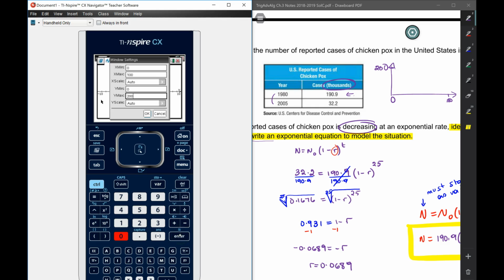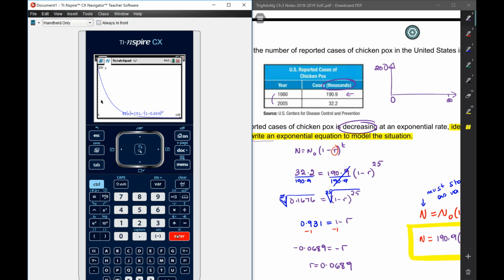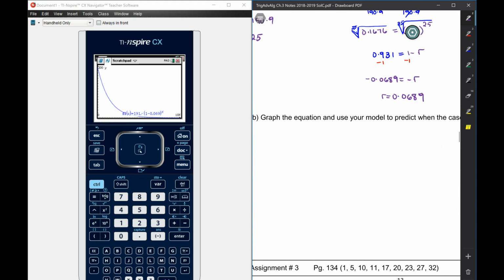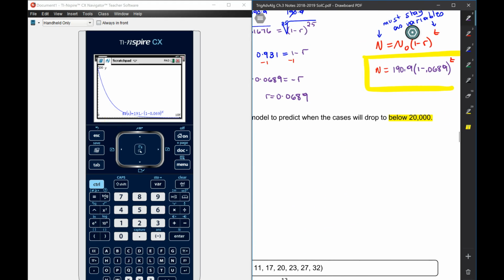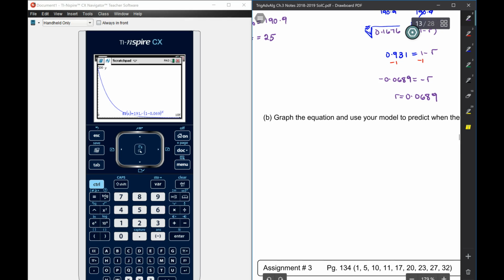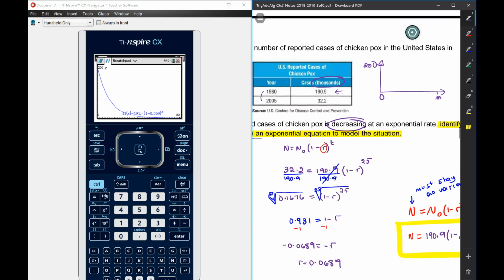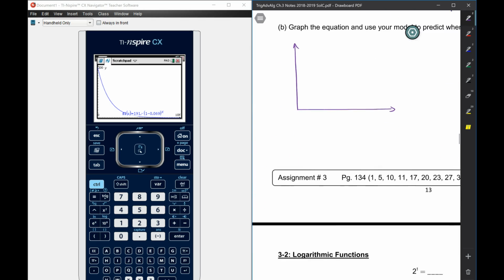Because you just sort of have to see what your Y values are. It's starting at 190 and going down, right? So enter. So this is what it looks like. So it says graph the equation and use your model to predict when the cases will drop. When you graph your equation on graph paper, we went from 0 to 100 for the x-axis.